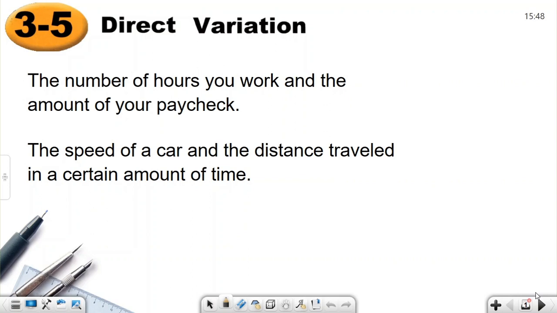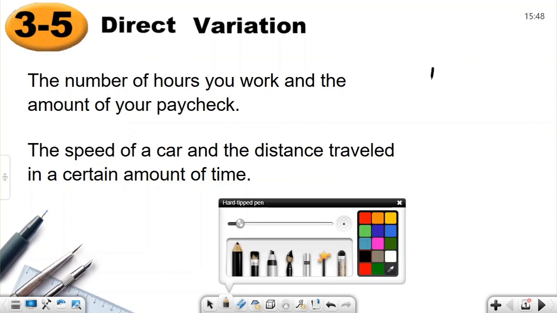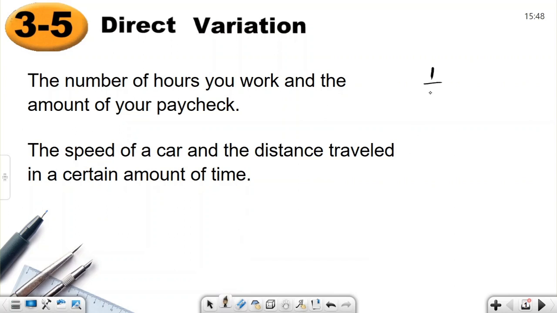Direct variation is a constant rate of change between two variables. So that's important here. When you work more hours, you will get more money, but the rate will be the same. If you work 1 hour, you get $8. If you work 5 hours, what will your paycheck be? It will be $40.